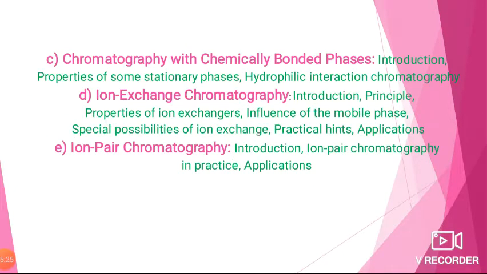The third part is chromatography with chemically bonded phase. At that point, there is some introduction about chemically bonded phase chromatography. Then properties of some stationary phases are included. Then hydrophilic interaction chromatography is also discussed at that point.